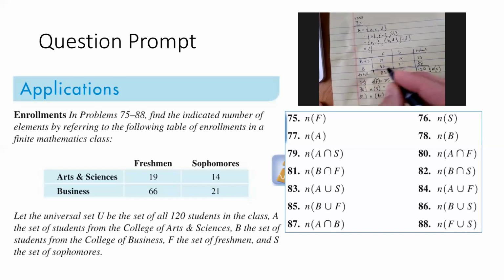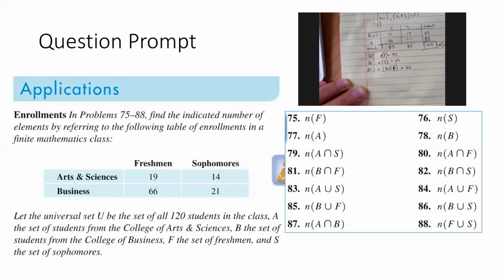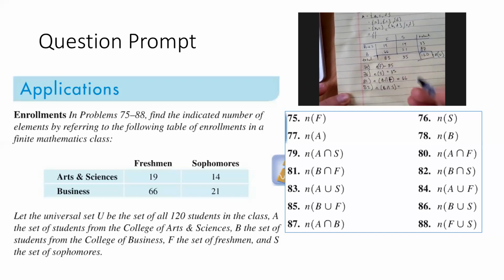So if you're looking at this, you're looking at this business and freshman, which would mean it's 66. Now, 82 has the number of business and sophomore. So business and sophomore is 21.